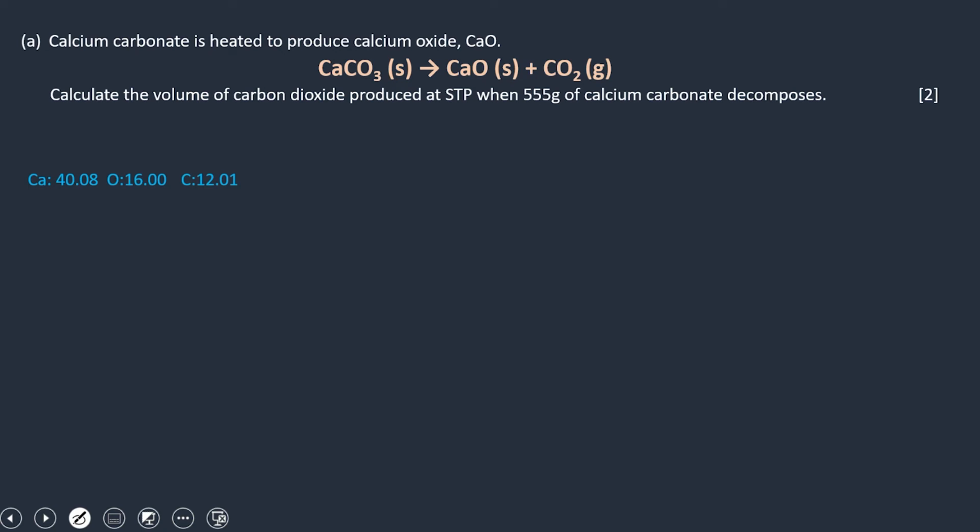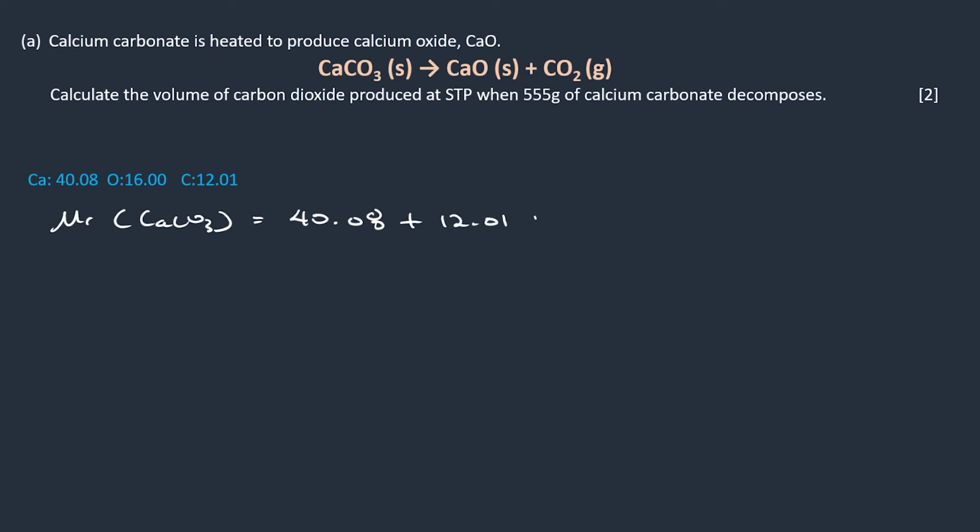And so the molar mass of CaCO3 is equal to the molar mass of calcium plus the molar mass of carbon plus the molar mass of 3 oxygens. And that's going to give us 100.09 grams per mole.